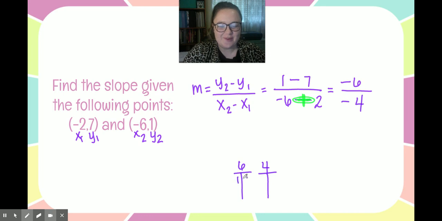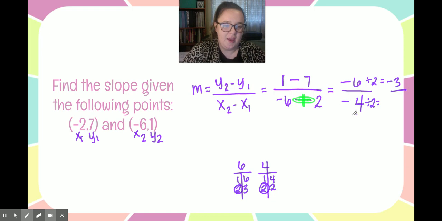So 6, I'm going to put 1 times 6, 2 times 3. For 4 is 1 times 4, 2 times 2. Oh, and I see both of these have the 2, so I know that that is what I can divide both of these by to simplify that fraction. So -6 divided by 2 is -3. -4 divided by 2 is -2.